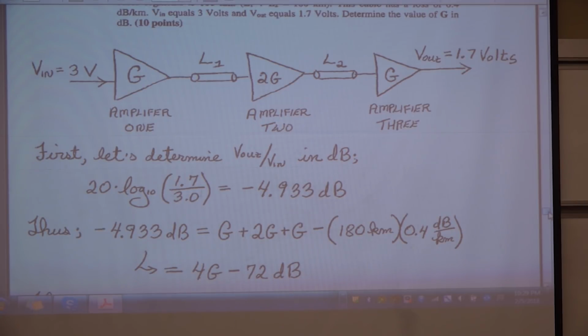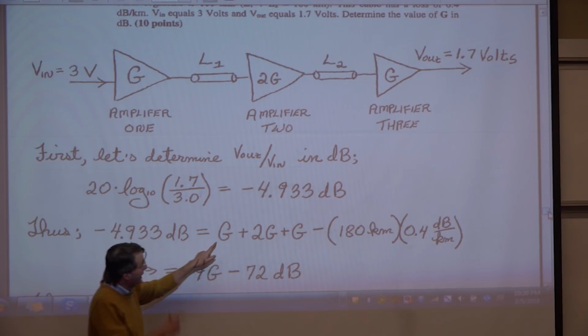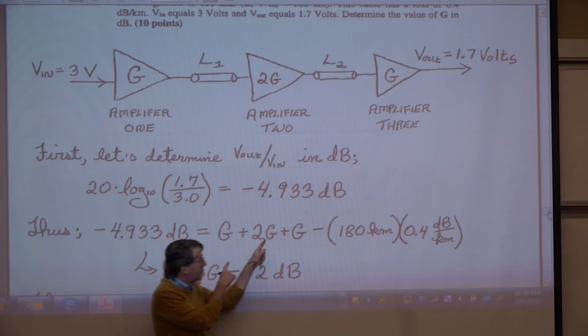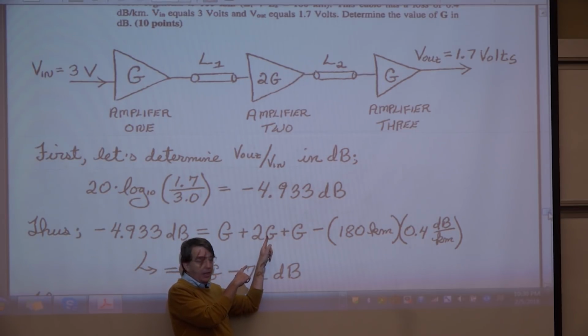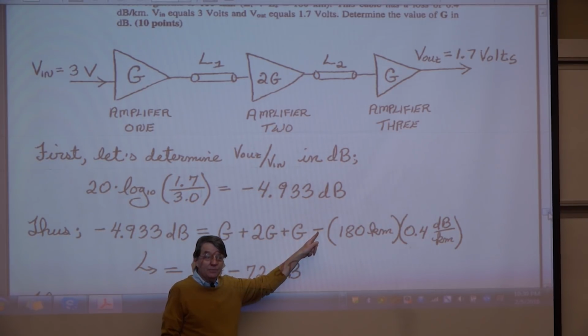Now, everything else is in dB, and what do we do with dB? We add. So here we go. Minus 4.93 dB equals the gain of the first amplifier in dB, plus the gain of the second amplifier in dB, plus the gain of the third amplifier in dB, minus the loss of the cable.